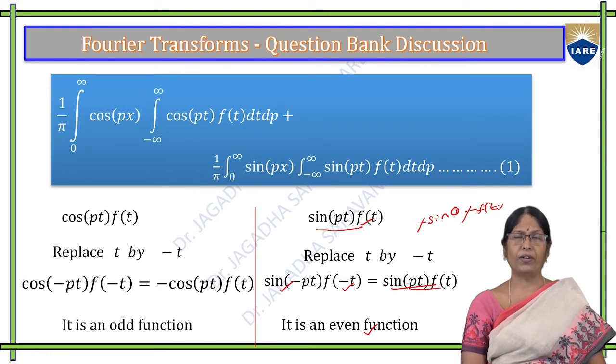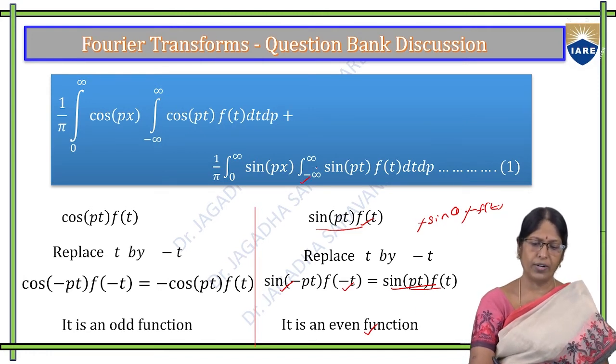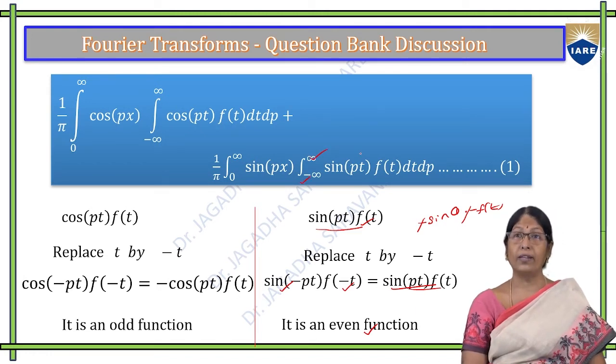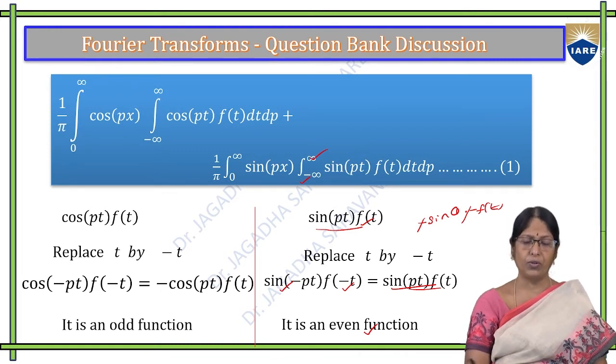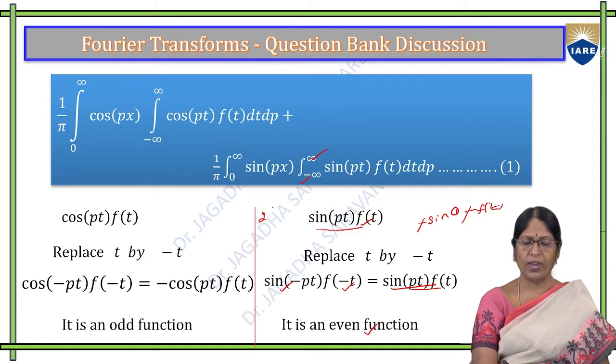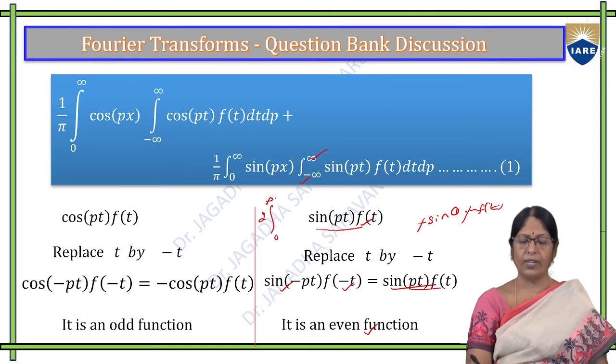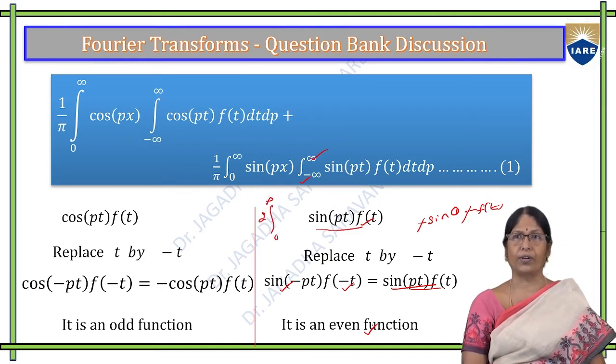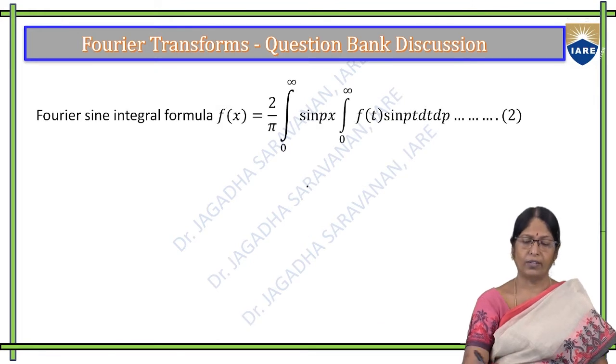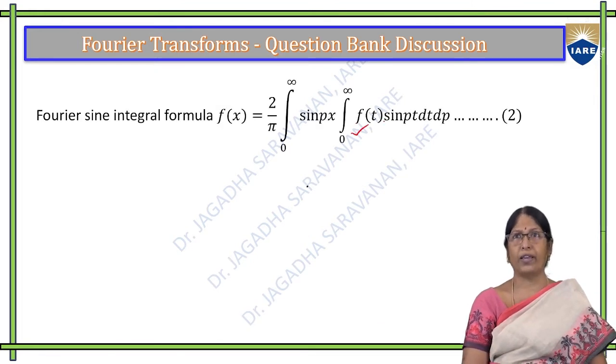For an even function, if the range of the integral is minus infinity to infinity, then it changes into 2 times the integral from 0 to infinity. From that we obtained 2/π ∫ from 0 to ∞ sin(px) ∫ from 0 to ∞ f(t) sin(pt) dt dp.